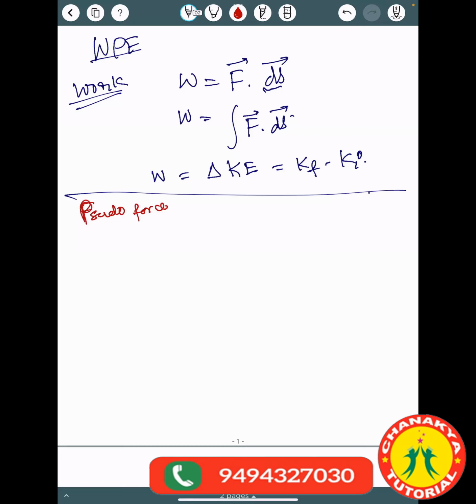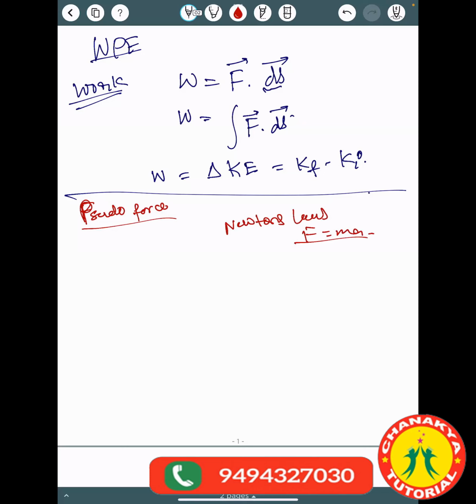Pseudo force. So what does pseudo force mean? The Newton's laws are there, whatever we are applying, Newton's laws, F is equal to ma. All these things are valid when the frame is not accelerated. Like we are observing the motions on earth, right?